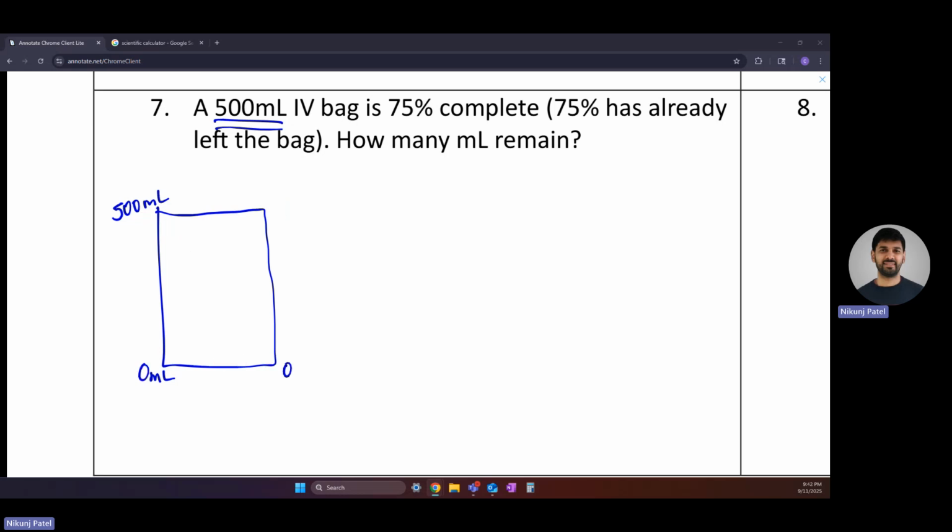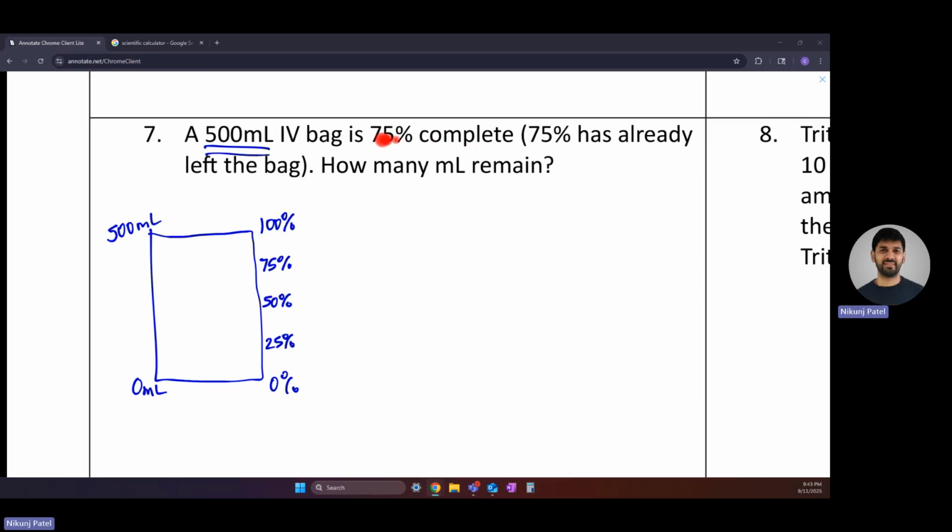We can think of that as percentages, 0%, and instead of 500, we would think of it as 100% if it's completely full with 500 milliliters. It's telling us that 75% has already left the bag. Now if we think about different points in the bag, 75% full, 25% full.